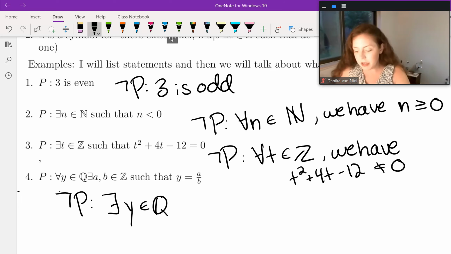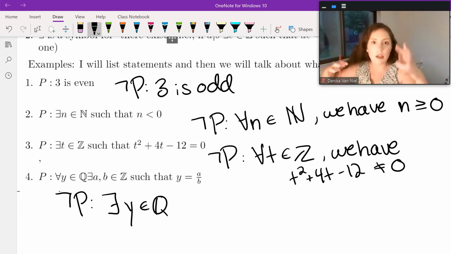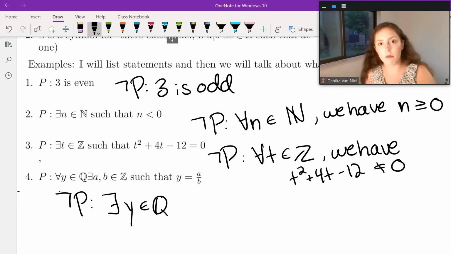So notice, every time that I do this, I'm not changing the set that we're in, right? I still want to be talking about the same concept. Before, I didn't change what equation we were working with, right? We want to keep the same concepts, but just say different things about it, okay? So I'm still saying something about y in the rationals.